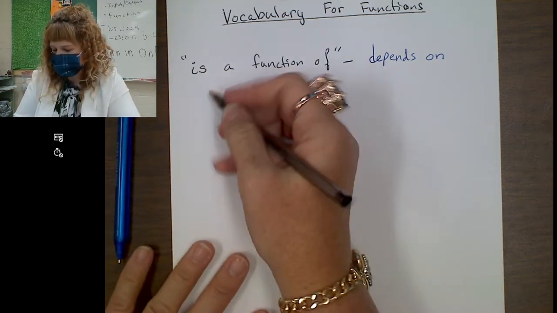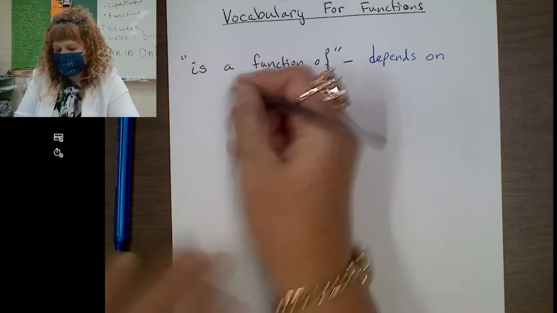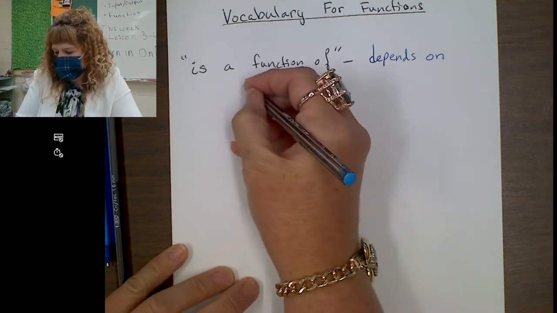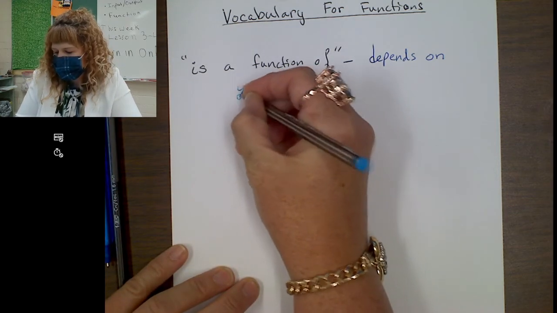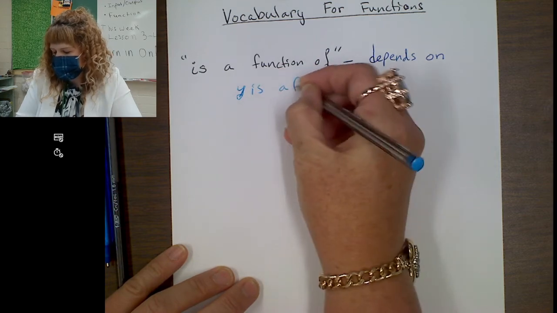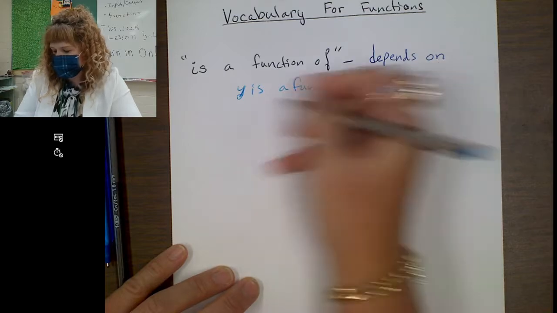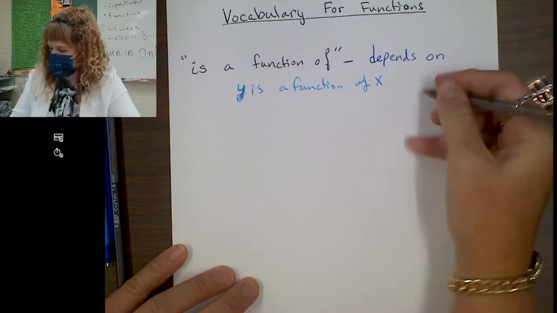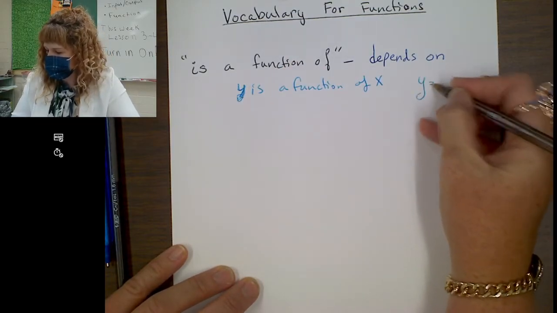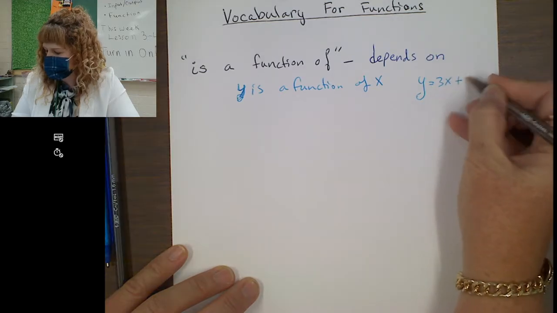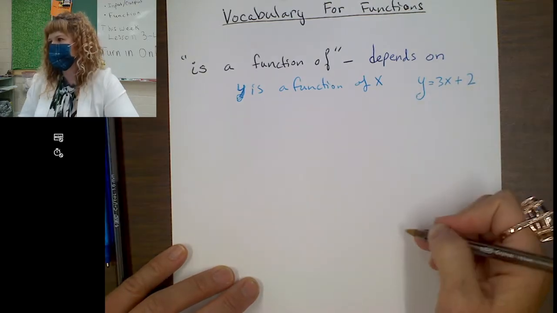Okay, let me give you an example. Here's a very, very basic example. Y is a function of x. And I'll give an equation like y equals 3x plus 2.